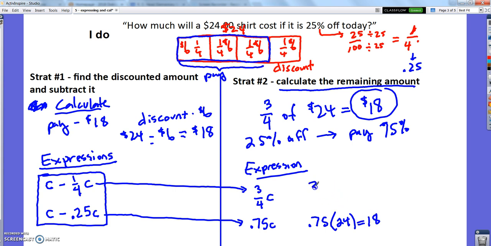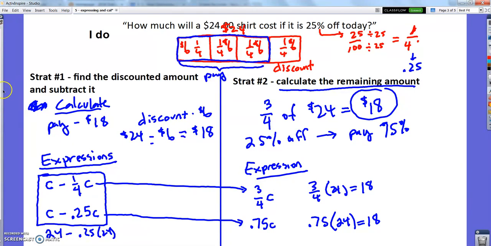Or it's just going to be 3/4 of the 24 to get 18. Rather than finding 24, take away 25% of the $24. So it's just a simpler expression. So two strategies: find the discount, take it away, or just calculate the amount that you do pay.